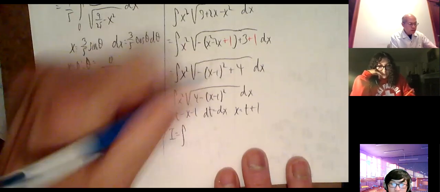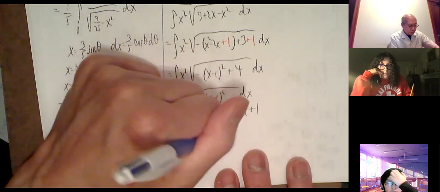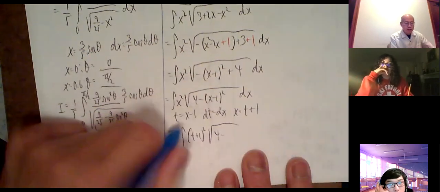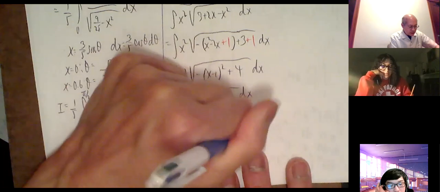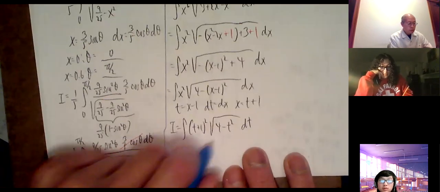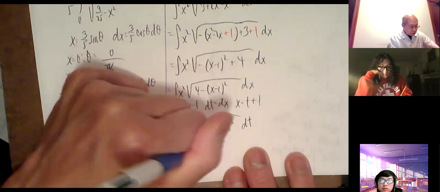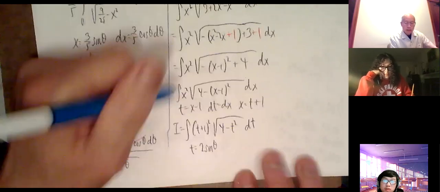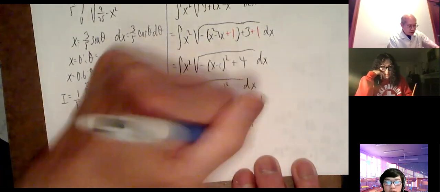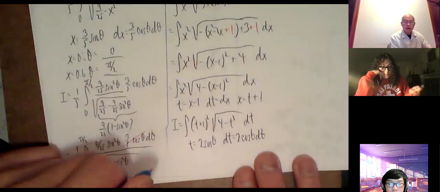So I is the integral of x squared, t plus 1 squared, radical 4 minus x minus 1 is t squared dt. Okay, so now that looks like something I can do. So t equals 2 sine theta, dt equals 2 cosine theta d theta.